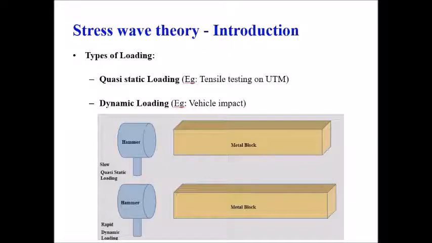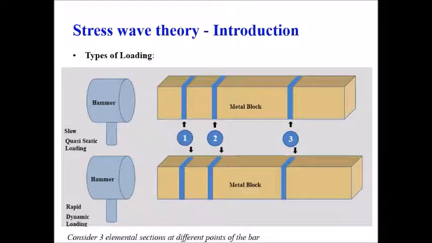Now, how is the stress distribution different under static loading as well as dynamic loading? That's what we are going to discuss. For that, let's take an example of a metal bar being hit at one end using a hammer. While hitting with the hammer, we apply two conditions.